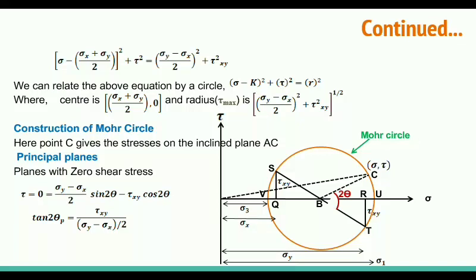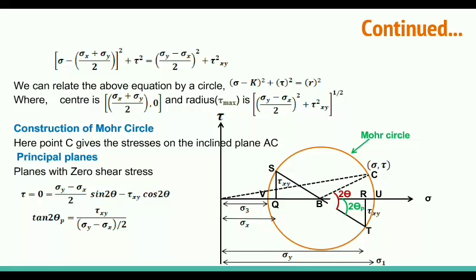Theta p means the angle of the principal plane. So tan 2 theta p equals 2 tau xy divided by (sigma y minus sigma x). From this equation we can calculate the angle of the principal plane, which is the angle TBR, or we can call it angle TBU.